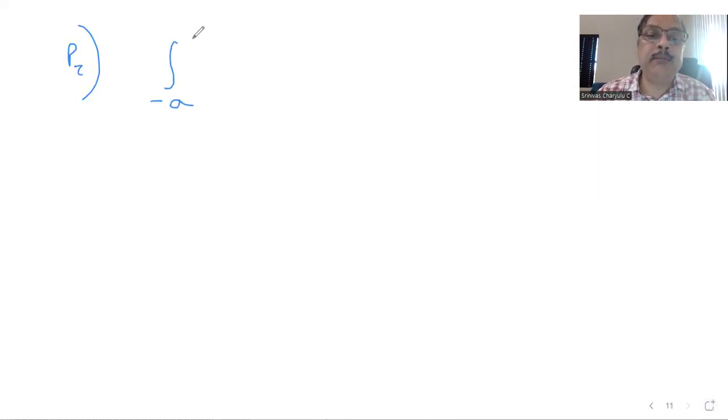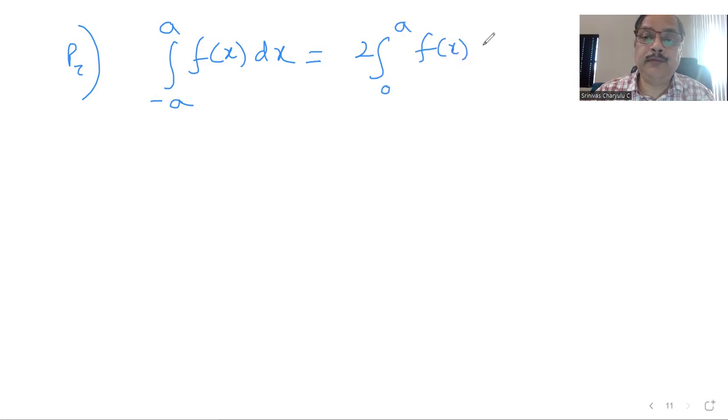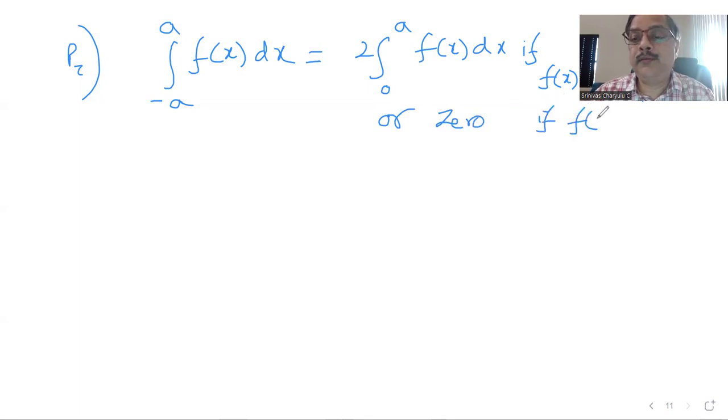Let us go to the last property, which is very, very important. Integral minus a to a f of x dx is equal to 2 integral 0 to a f of x dx if f of x is even, or 0 if f of x is odd, right? So this property, very, very important property, we'll derive this.